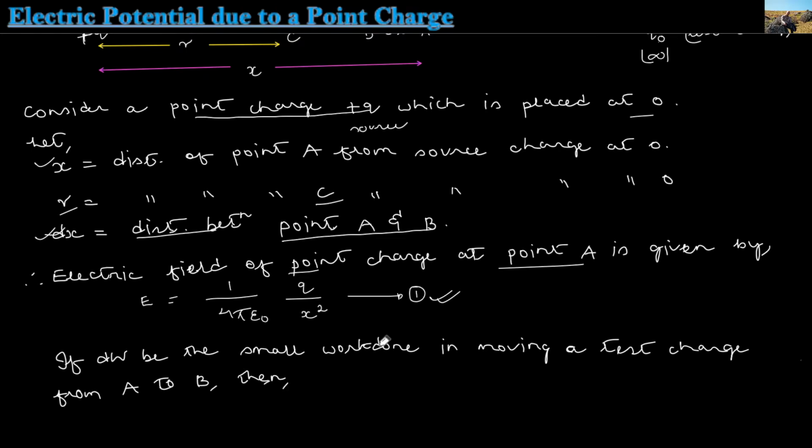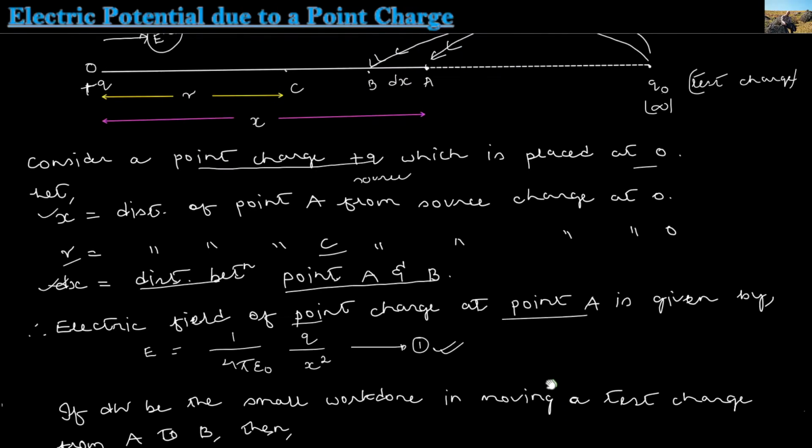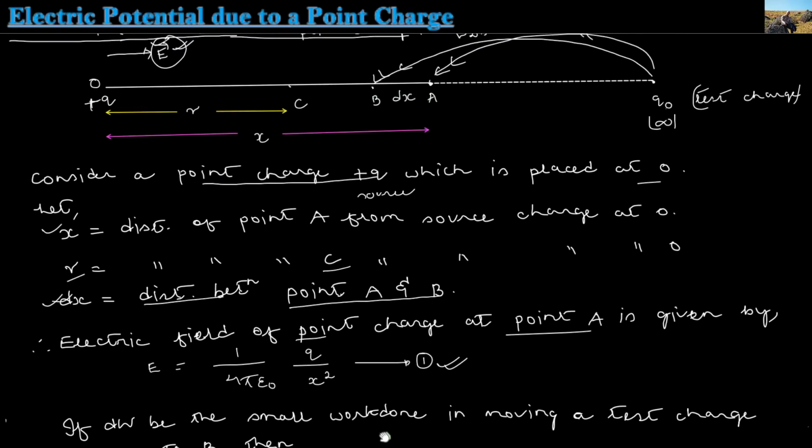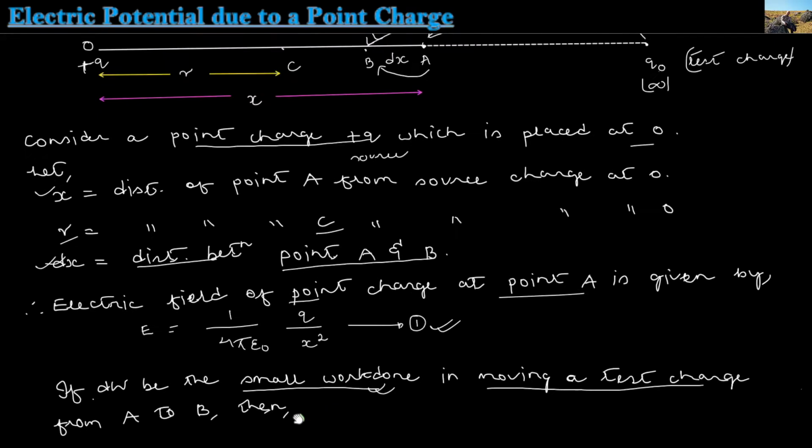Then when you do work between these 2 points A and B, you have to do some work. In order to move the charge from A up to B, you have to do a small amount of work. That amount of work in moving the test charge between these 2 points A and B is given by some formula.